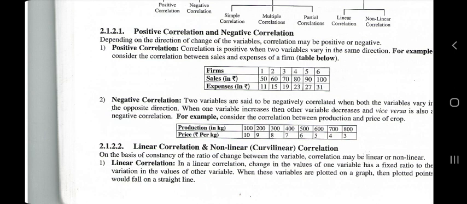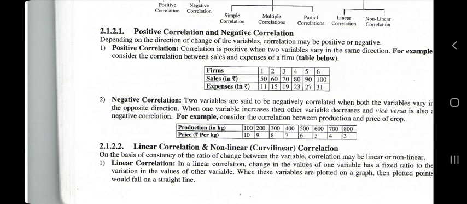If you carefully observe, sales is increasing by 10, means 50 to 60, 60 to 70, there is a constant increase, and the difference between consecutive data is the same.